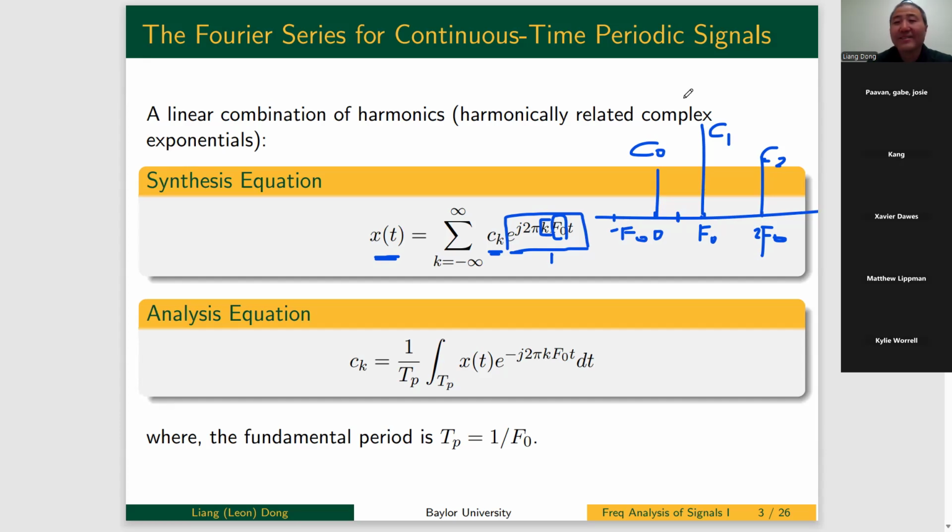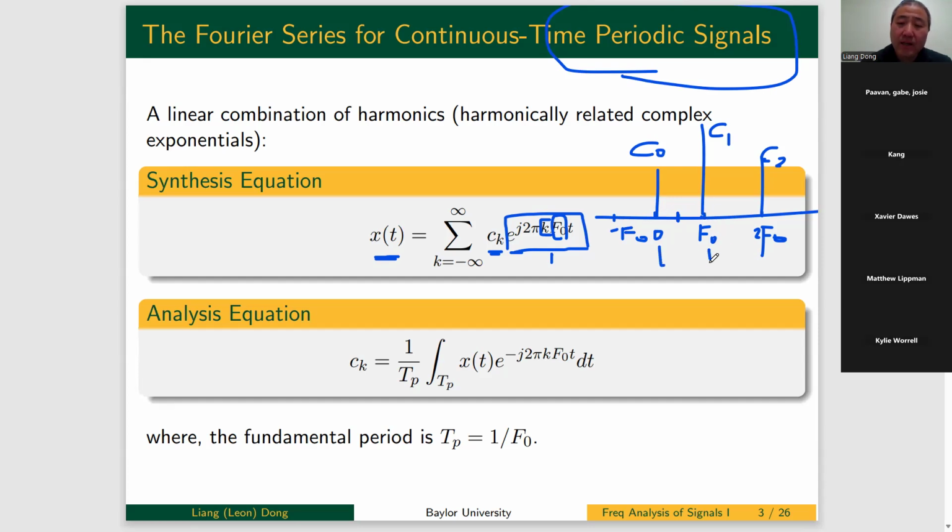This is because I have a periodic signal. We mentioned that almost at the beginning of the class. If I have something periodic in the time domain, in the frequency domain it's discretized. So indeed, we have discretized with a fundamental frequency f naught.